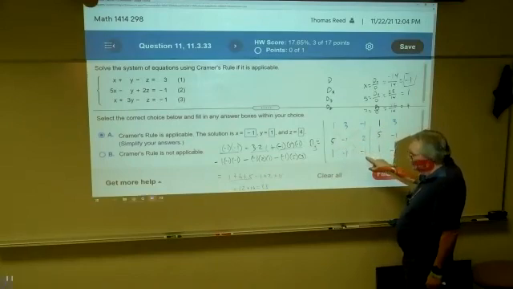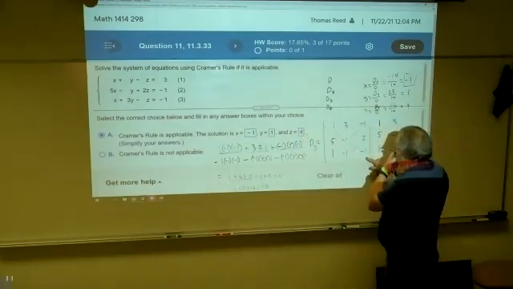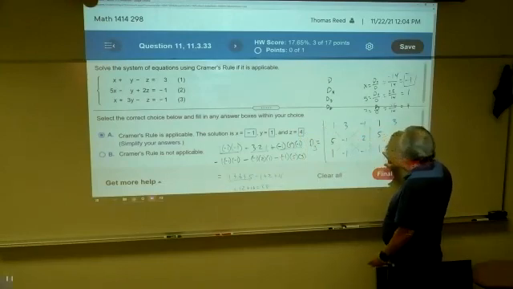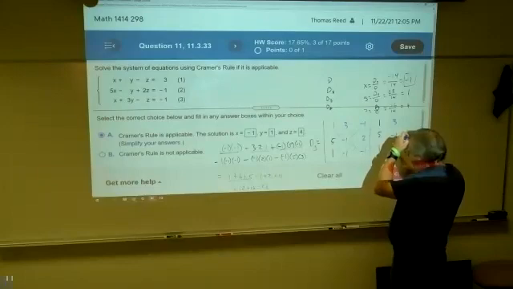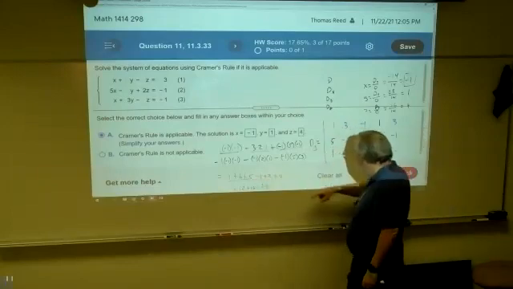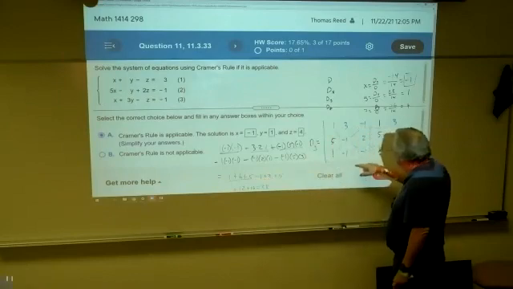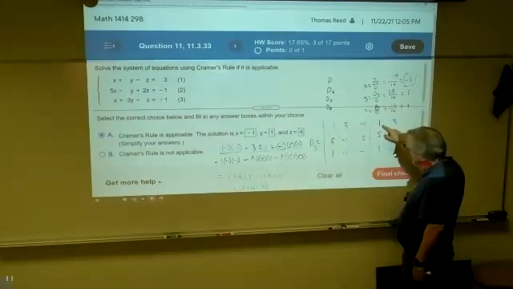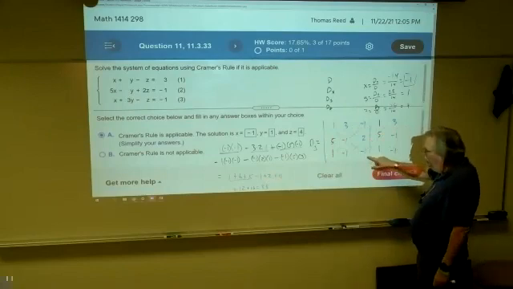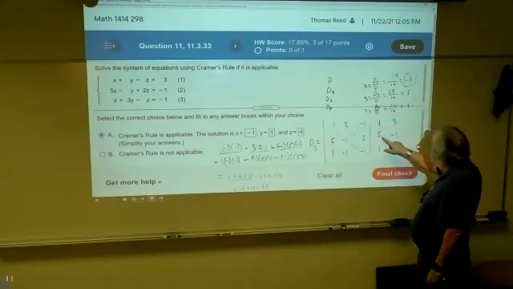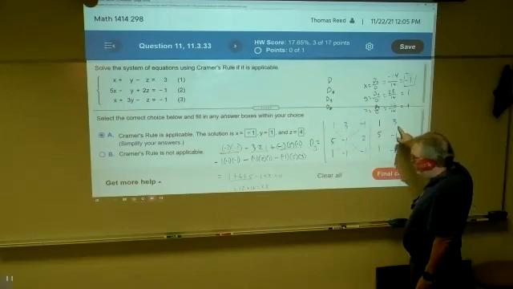1 times -1 times -1, which is a positive. 3 times 2 times 1 is 6. -1 times 5 times -1 is a positive 5. 1 times -1 times -1 is a positive 1, and we're subtracting a positive 1. -1 times 2 times 1 is a -2, and we're subtracting a -2, so it's +2. -1 times 5 times 3 is -15, and we're subtracting a -15.